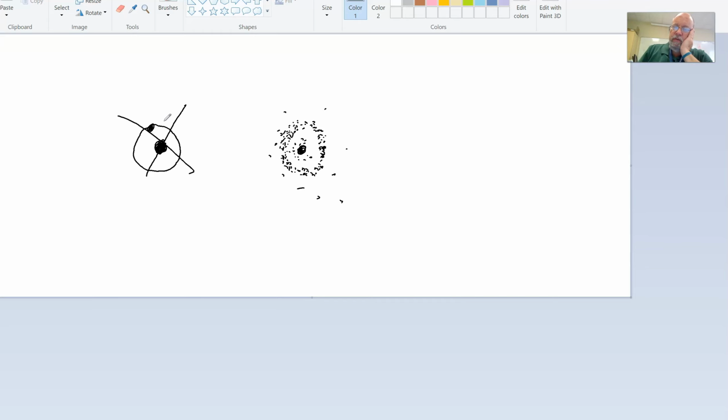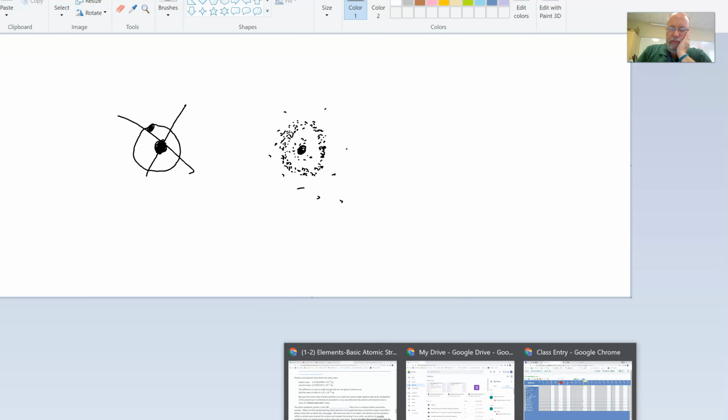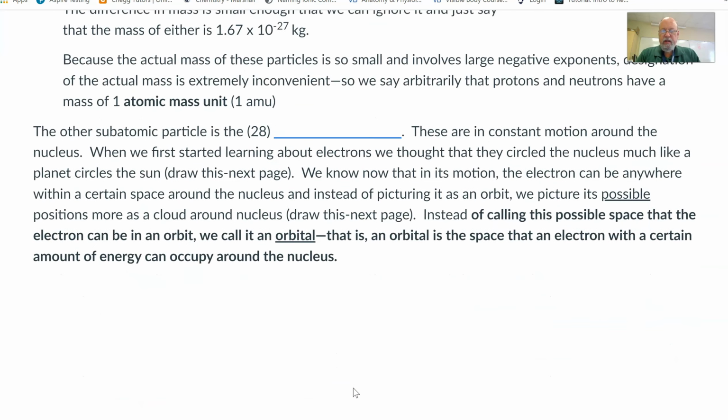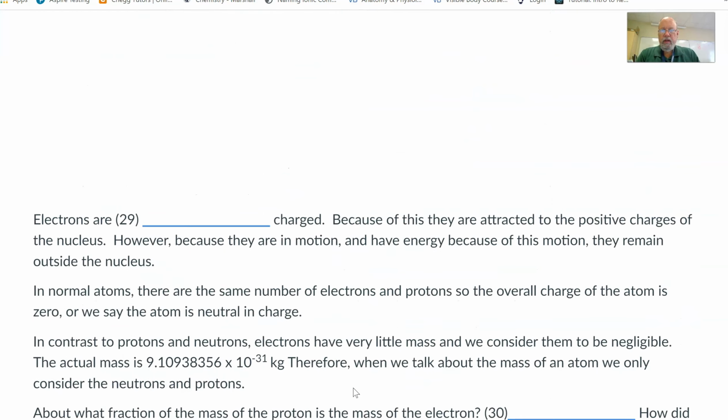They can jump from one spot to another. So go ahead and go back to the discussion and we'll finish up. Okay, so that's the orbital, not the orbit.